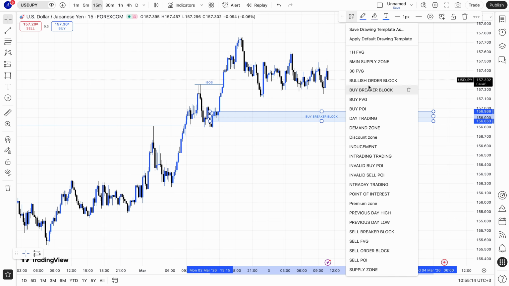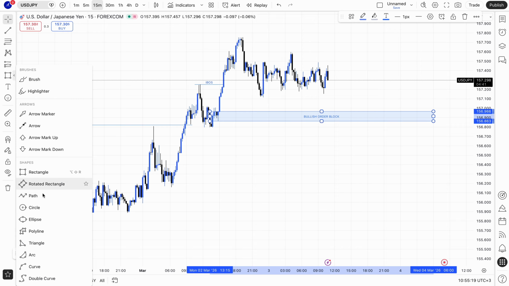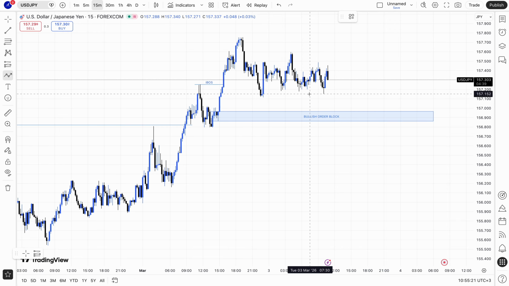Bullish order block. So our plan is very simple for here, and you can see we have liquidity just here down. Then you're going to wait. Let me mark out this liquidity.